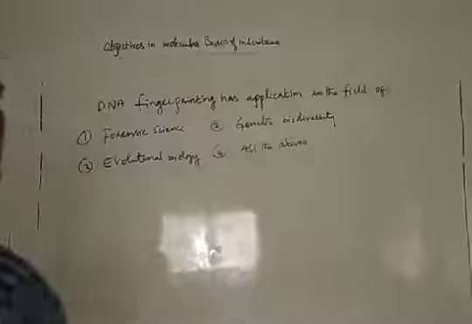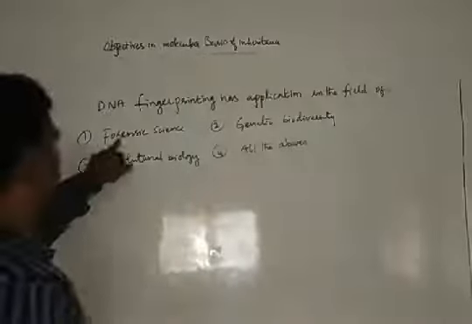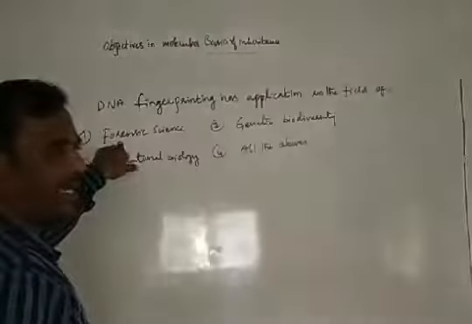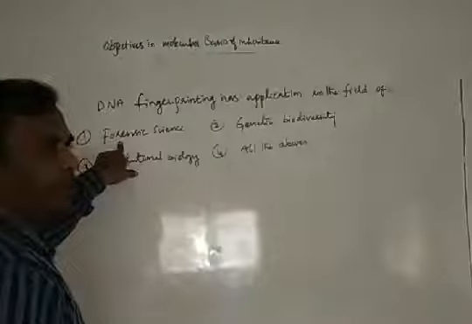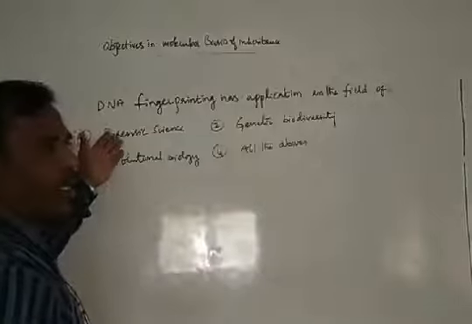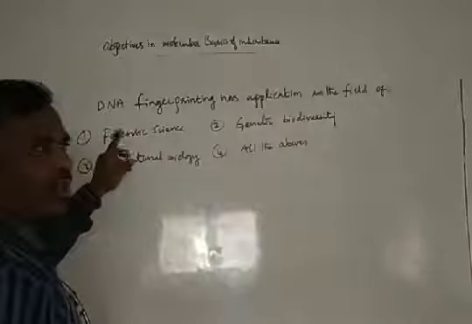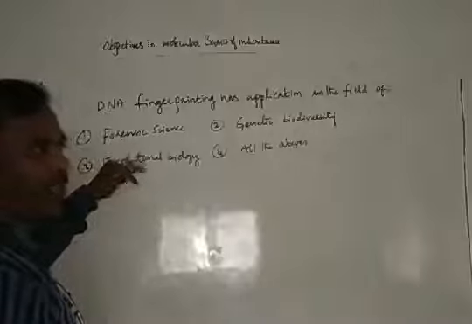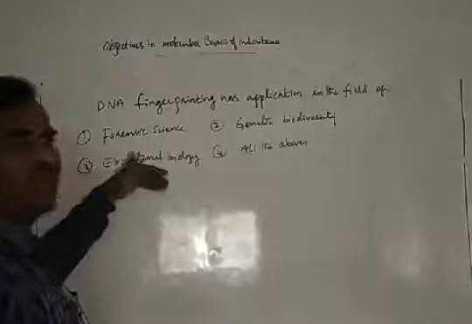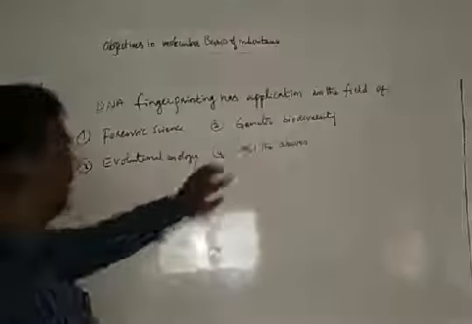So DNA fingerprinting is forensic science, which is used to find the criminal, rapist, murderer. It is also used in genetic biodiversity, to see what the differentiation is between one organism and another by comparing the DNA sequences of the different organisms.